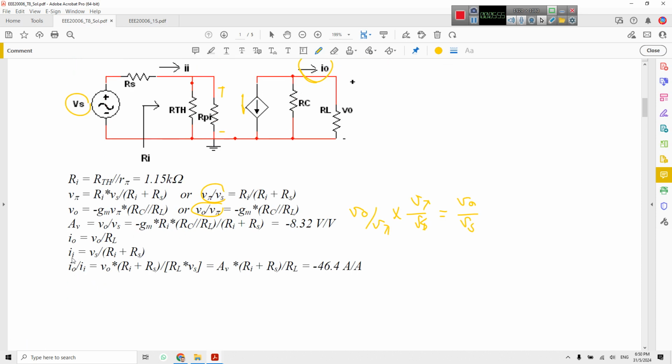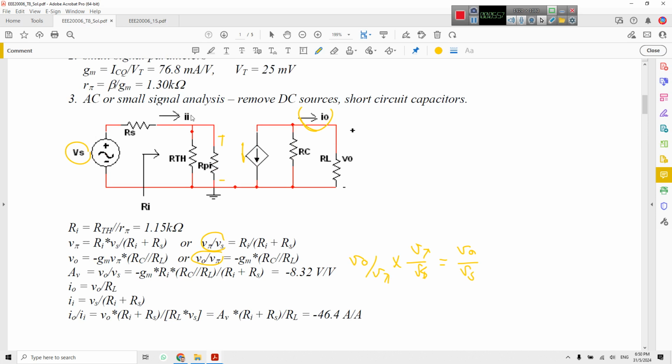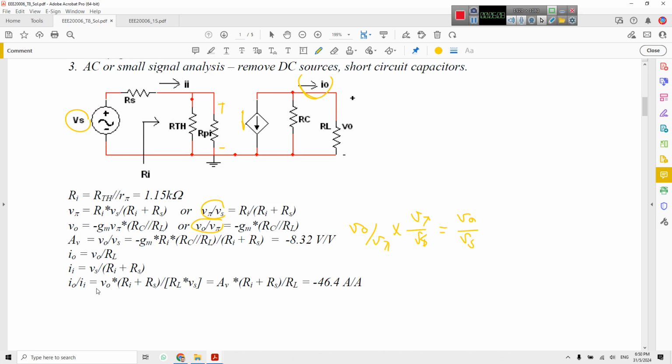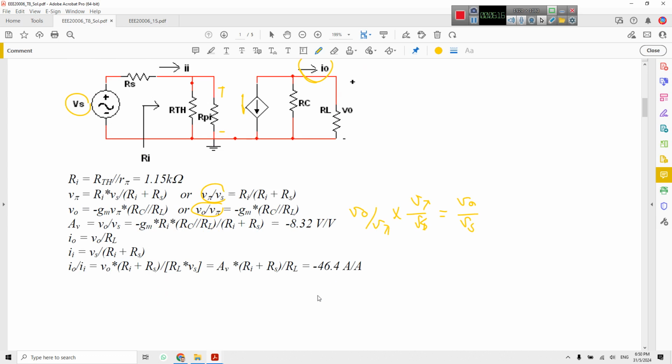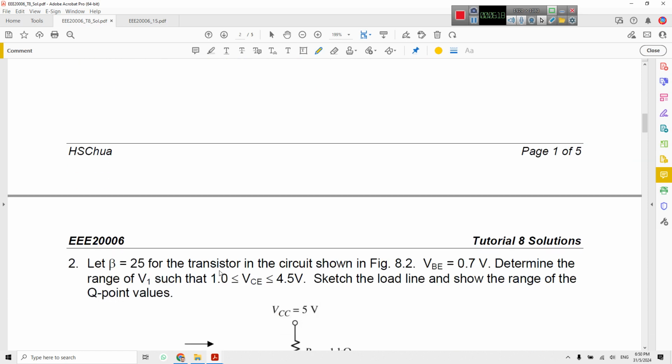And I input, the current here, is Vs over this total resistance. Then I out over I input can be calculated in the same way using the values. So very simple, this one.